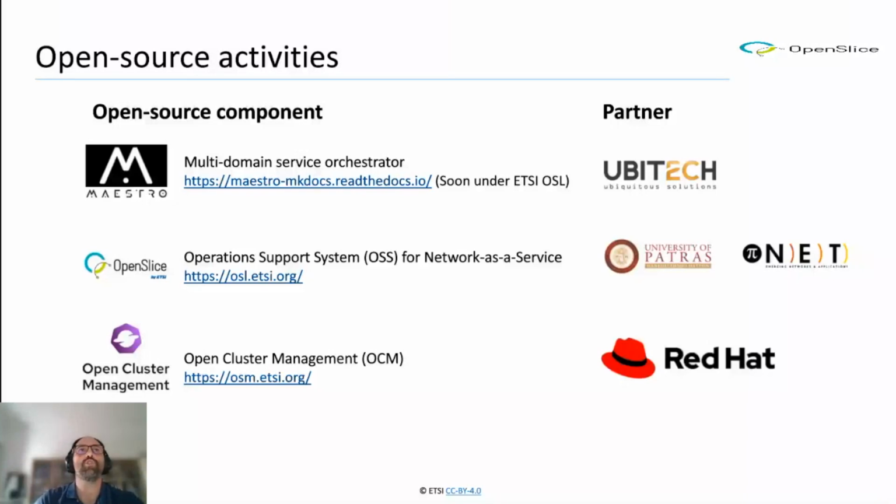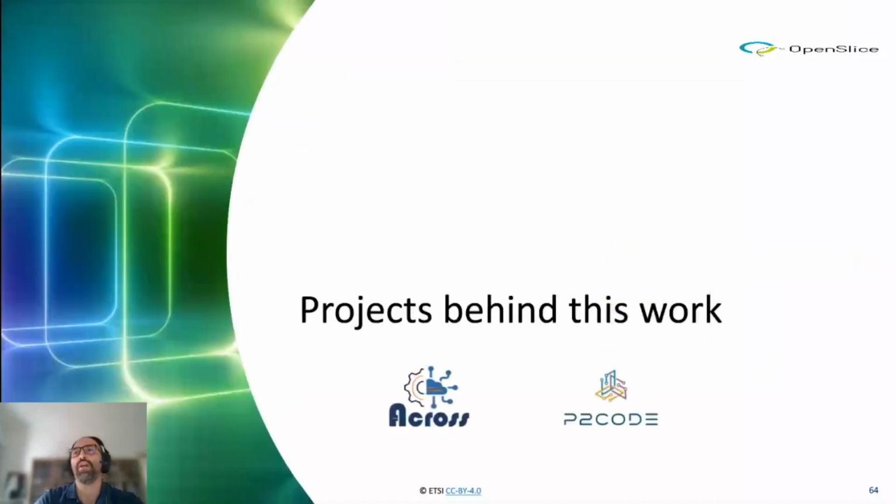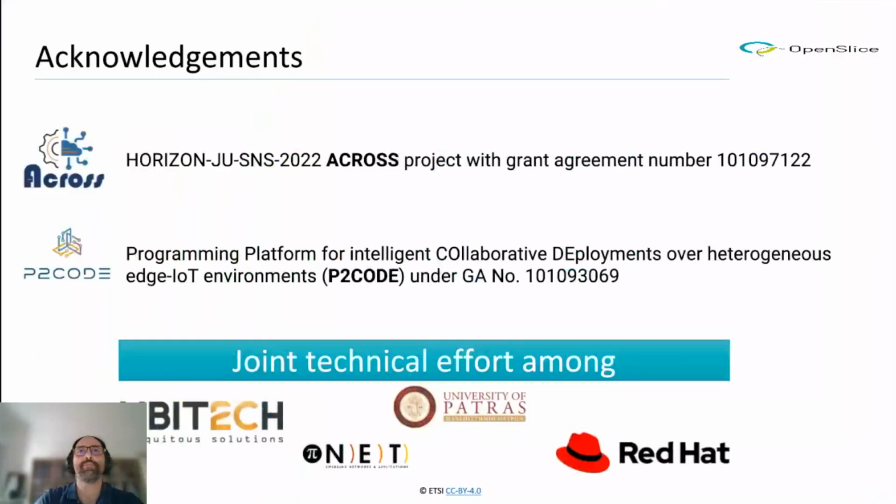Now let's see our open source activities. Maestro, which has been presented in the demos, has been developed by Ubitech. OpenSlice is from the University of Patras and PNet. Open Cluster Management has been developed by Red Hat. And the projects behind this work are across NP2 code.